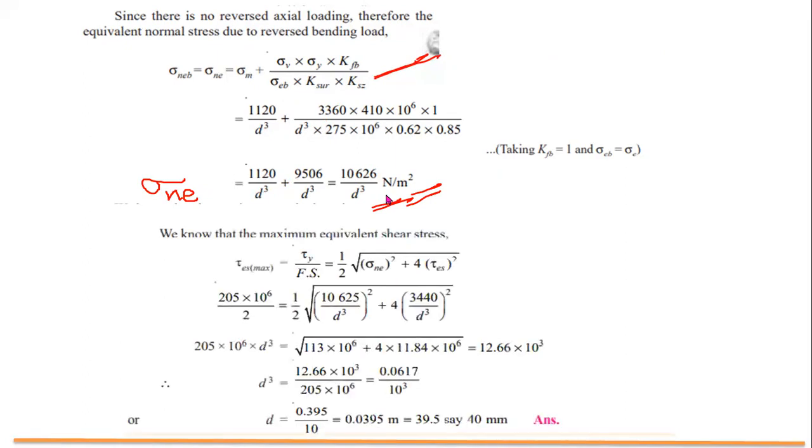After getting the equivalent normal stress and equivalent shear stress, you have to use the maximum shear stress theory. From the maximum shear stress theory, tau max equal to sigma y by 2 into fs, or tau y by fs. This value is equal to 1 by 2 square root of equivalent normal stress for bending whole square plus 4 tau square.